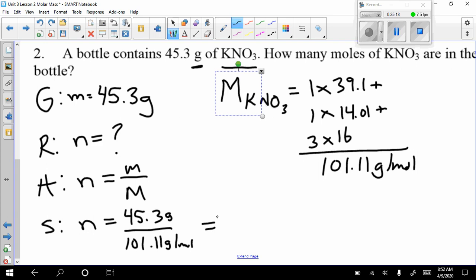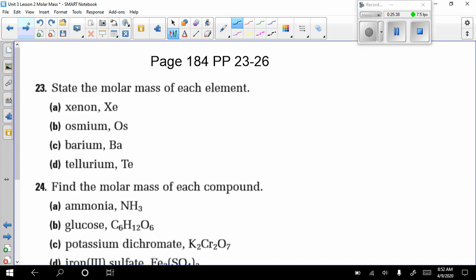And so when I divide that, I'm doing that on my calculator, 45.3 divided by 101.11, and I get 0.448 moles. Okay, so what I'd like you to do now is to do the homework questions I've set here.